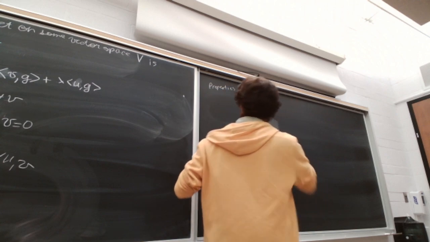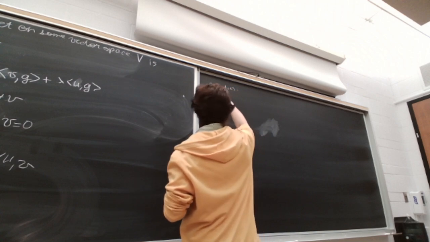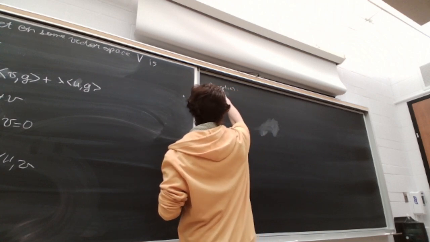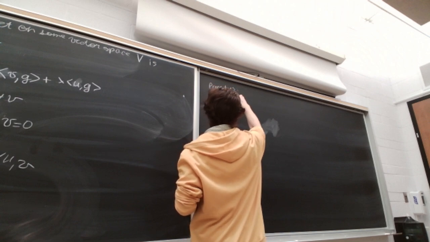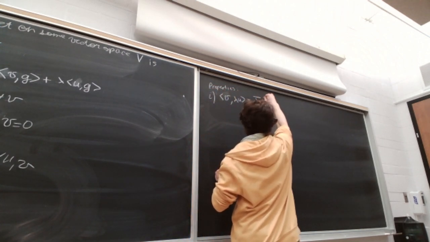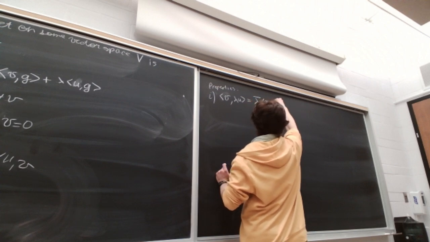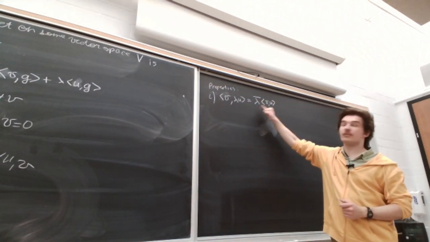This is the one that's kind of interesting to me, or maybe I'm forgetting something. Maybe it's not the only important one, but this is what I can remember off the top of my head. So the first property that we'll prove is that ⟨v, λu⟩ is equal to λ bar ⟨v, u⟩, where this is the complex conjugate of lambda.